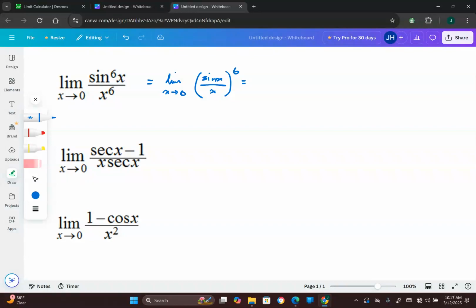If you have a function raised to a power, if you watched my videos on properties for limits, you can take that limit and raise it to the 6th power. So this would actually be 1 to the 6th power. It would be 1. That would be my final answer.